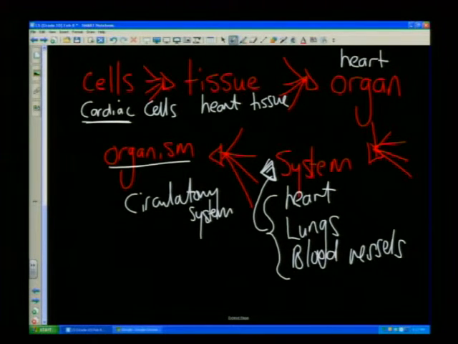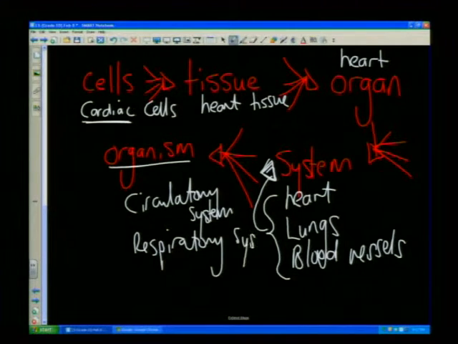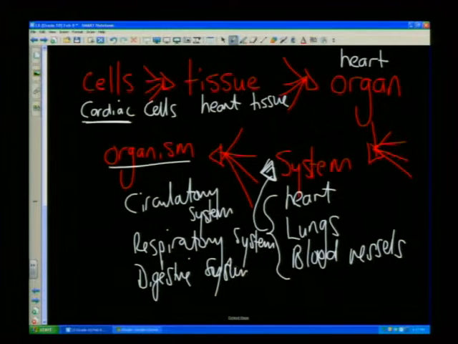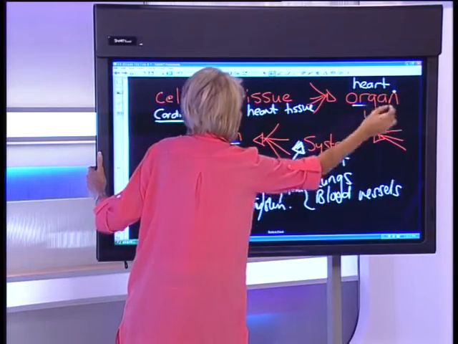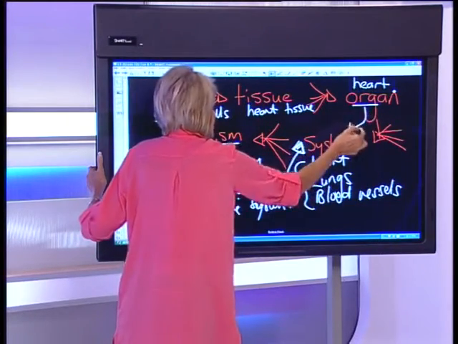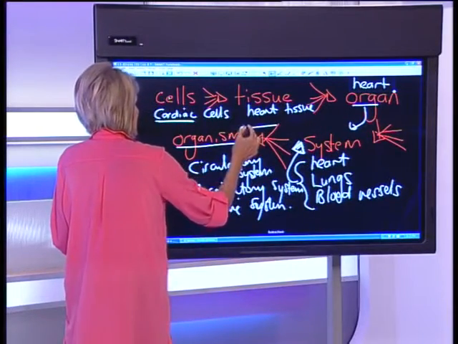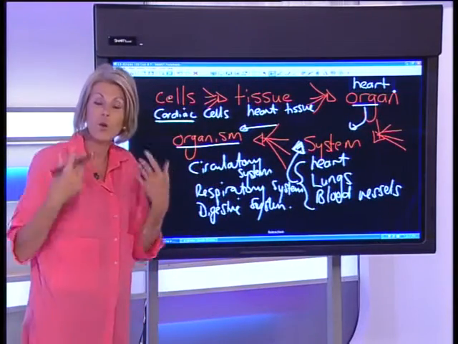And you'd have the respiratory system, from respire, to breathe. You have the digestive system, and they all are made up of cells that group together to form tissue, that groups together to form an organ, that groups together to form a system, that groups together to make us an organism.